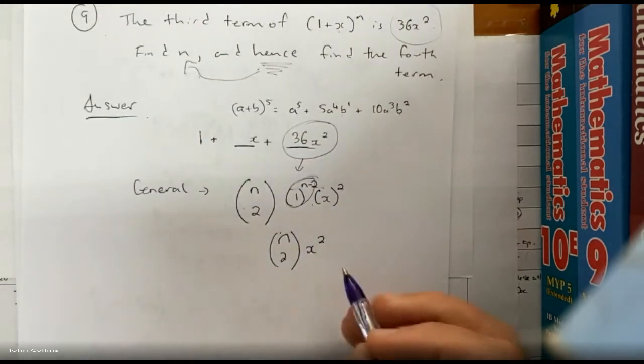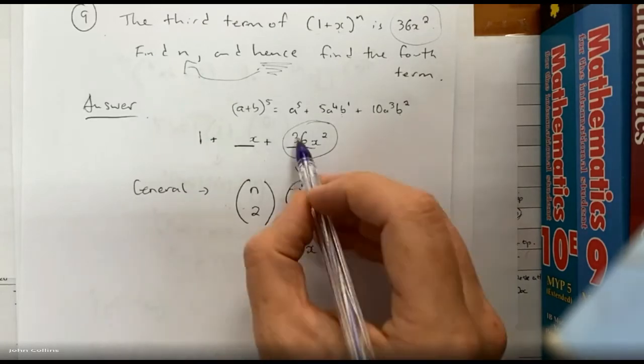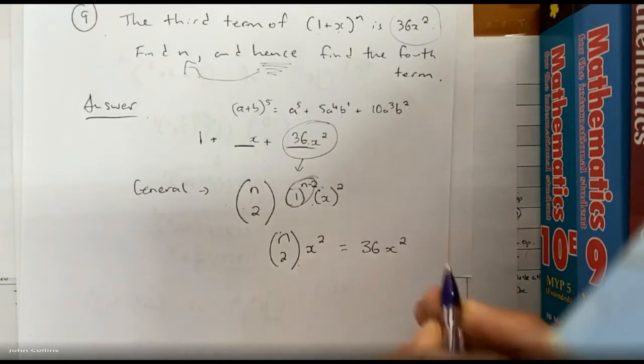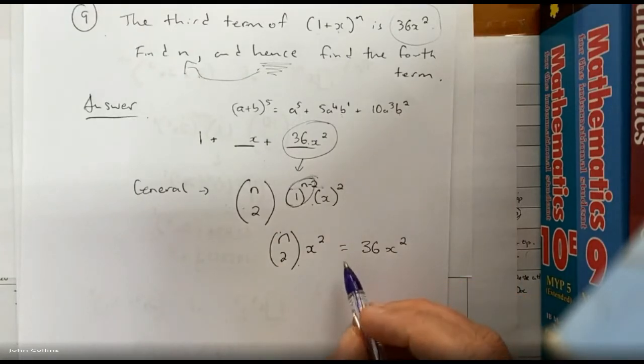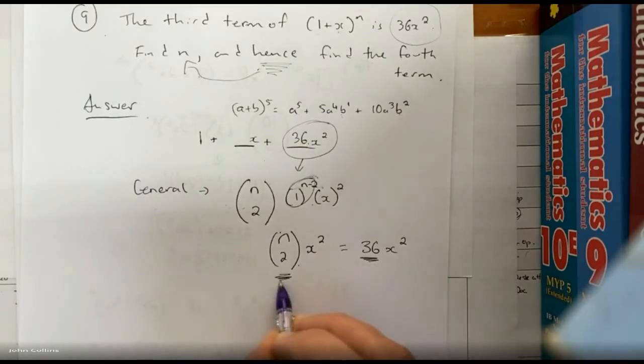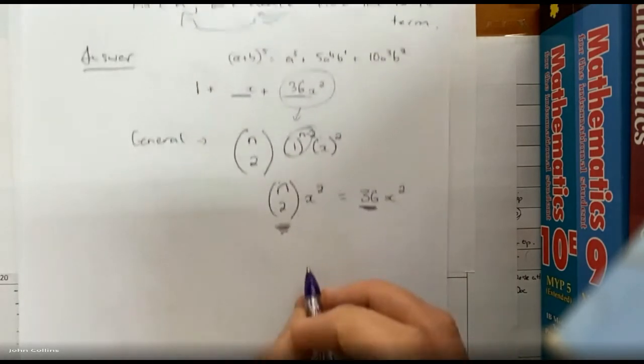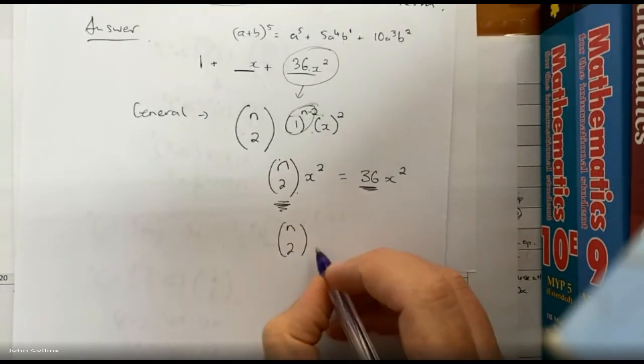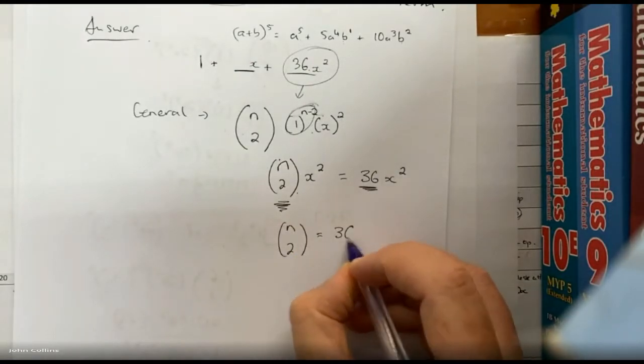Okay. So if we compare this to this, they have to be the same because they're both representations of the third term. x squared on both sides, which means this is the same as that. I'll write that in the next line. n choose 2 is the same as 36.